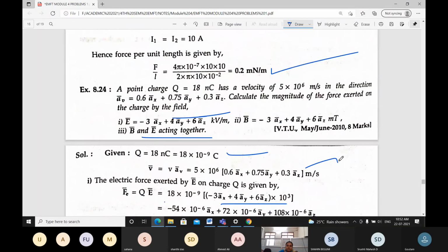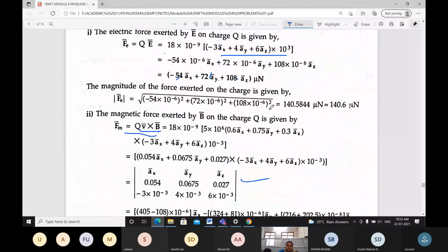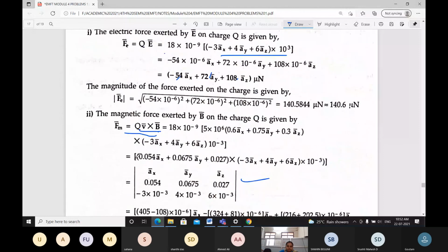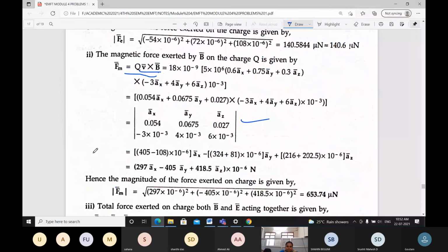This is what we got in terms of electric field intensity and in terms of magnetic flux density. Then what we want is the total. If you want the total, first just add both Fe and Fm.